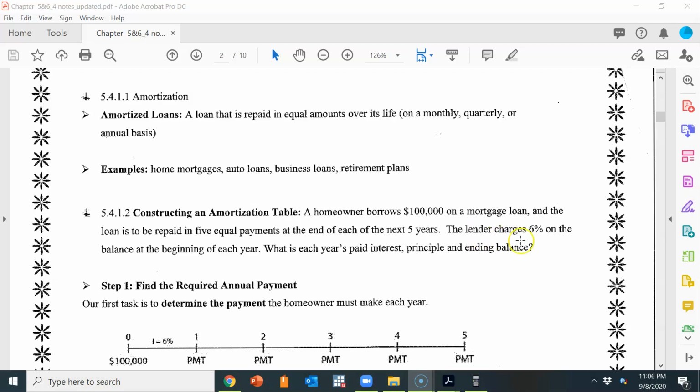And we know that the interest you're going to be paying is 6% multiplied by the beginning balance of each year. So you would know the interest you need to pay that year. You also can calculate the principal payment you will be paying that year and the ending balance for that year. We'll calculate all of these step by step.